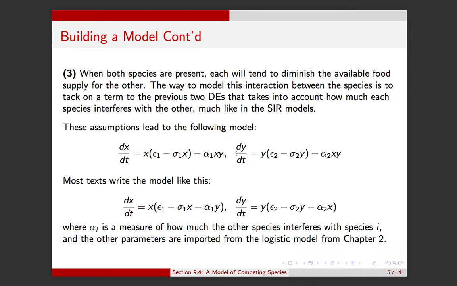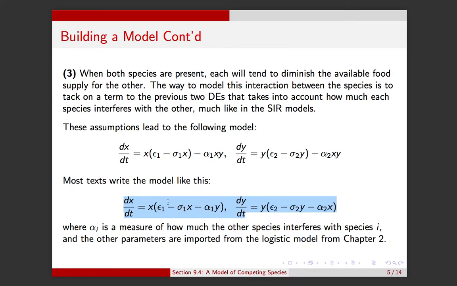Once you have your differential equations written down, you can then factor out variables. There's an X there and an X there, so you may as well pull it out. Y there, so pull it out. So here are our two DEs modeling the growth of two competing species.